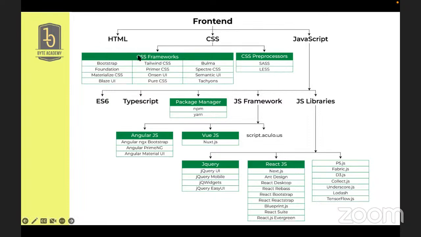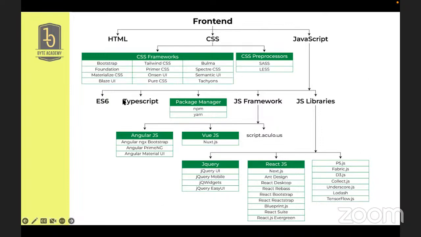So HTML, CSS. CSS has some frameworks. There are many CSS frameworks, some of which you might have heard about. Bootstrap is very popular. Semantic UI, so these many CSS frameworks are there. CSS preprocessors are there, Sass, Less.